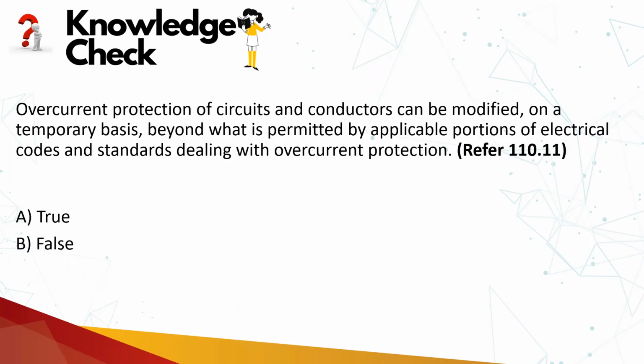Overcurrent protection of circuits and conductors can be modified on a temporary basis beyond what is permitted by the applicable portions of electrical codes and standards dealing with overcurrent protection. This is as per Article 110.11. The answer is false, it cannot be changed so as to bypass the standard limitation.